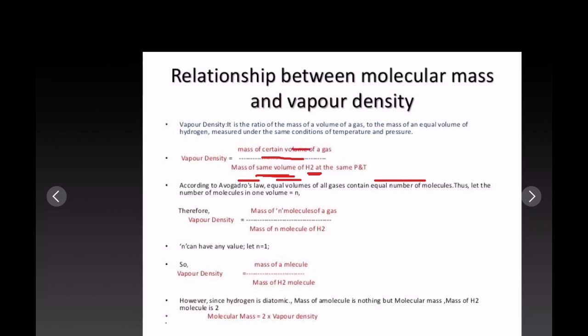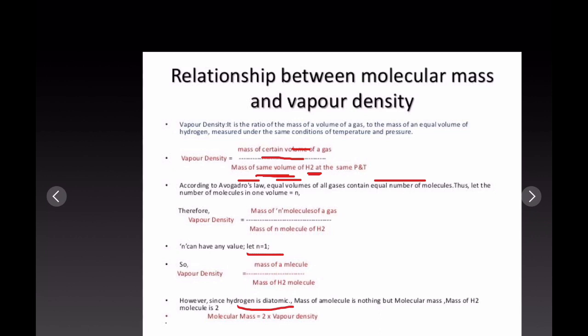Vapor density is equal to, and we are going to take volume as N, mass of N molecules of gas divided by mass of N molecules of hydrogen. Let's take N is equal to 1. If it is 1, we need not mention it. So vapor density is equal to the mass of a molecule divided by the mass of a hydrogen molecule.